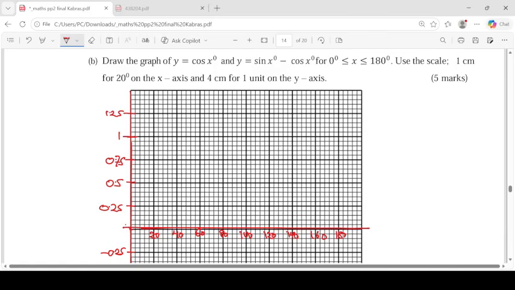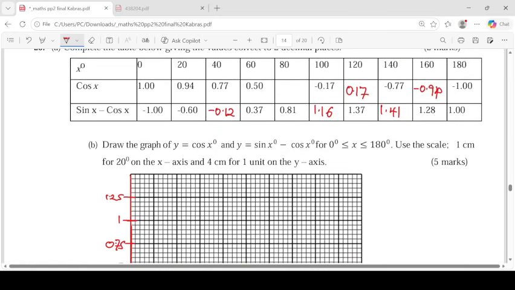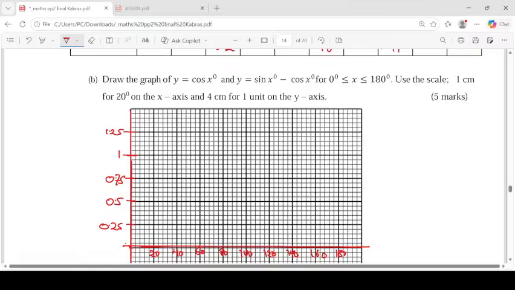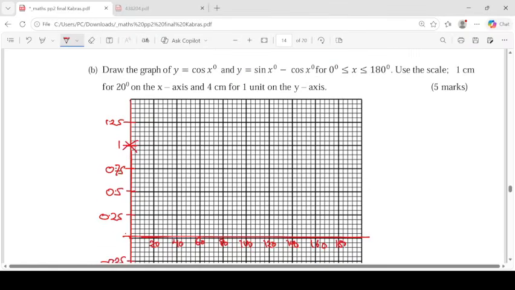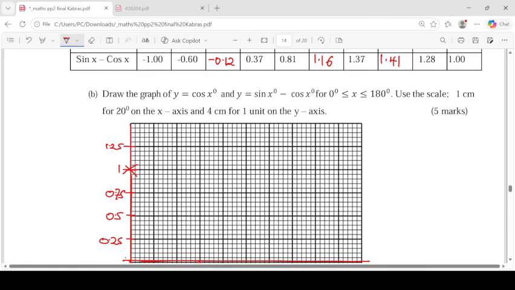Here we need to be very keen. I'll start with the first one, cos x. 0, 1. So 0, 1 is here. Here you should be knowing what each small square represents. That is very important. Let me first do that analysis. In the y-axis, you can see 5 small squares is equals to 0.25, meaning one small square will be equal to 0.25 divided by 5.